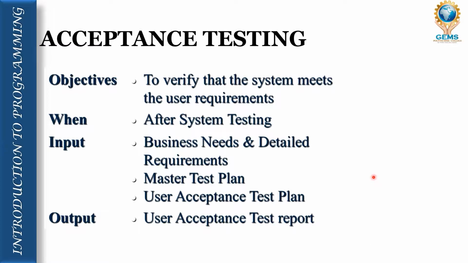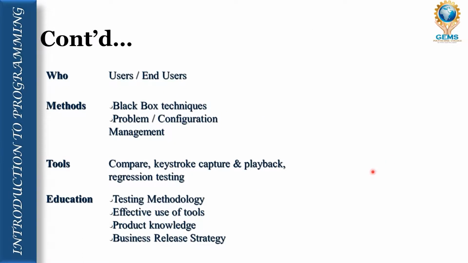What acceptance is given by the user, we must have as an input with us while performing the acceptance testing. So the output is the user acceptance testing report, which we perform during the acceptance testing. Who will do it? The end user, the customer, will do it.